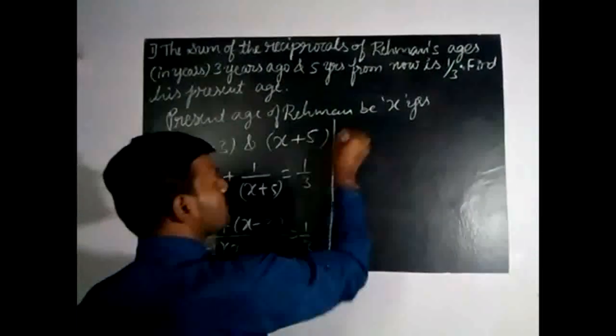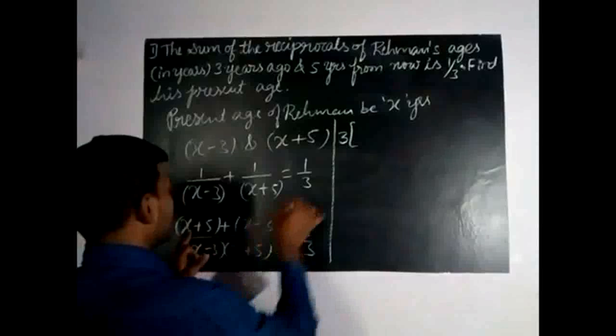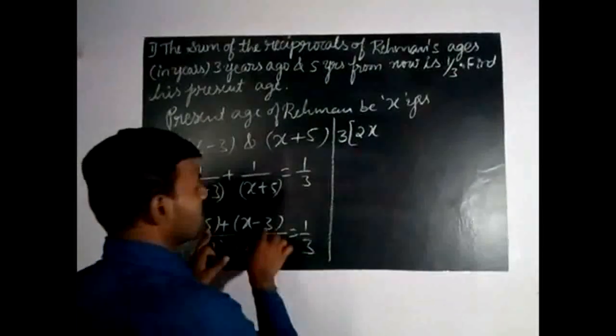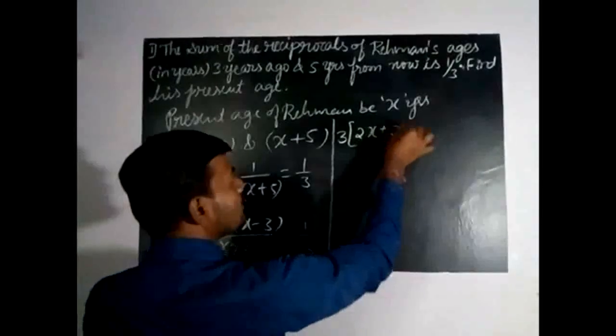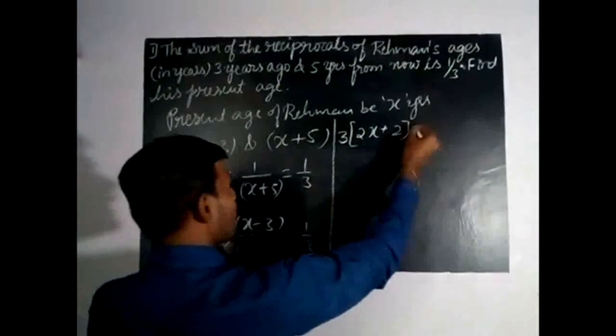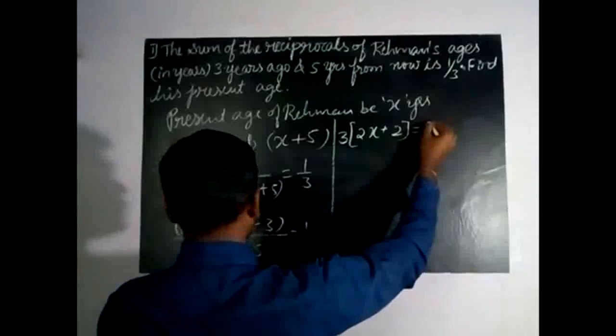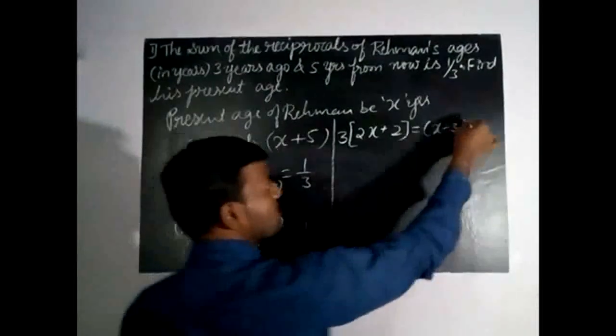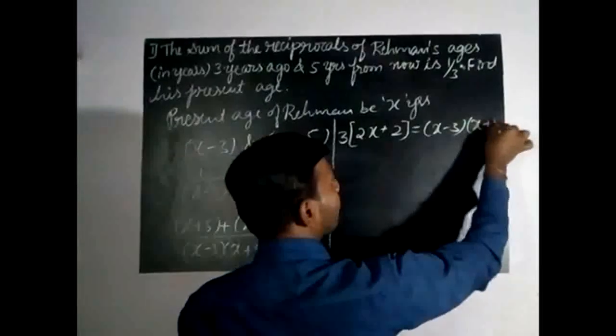It becomes 3 into x plus x, which is 2x, and 5 minus 3 means plus 2, which is equal to 1 into anything is that thing only, x minus 3 into x plus 5.